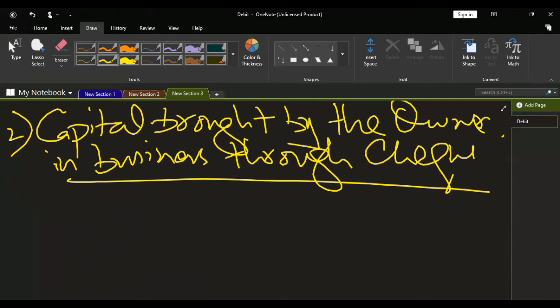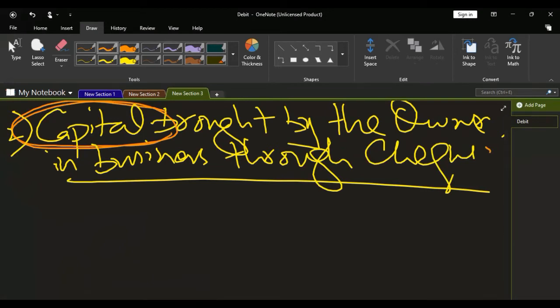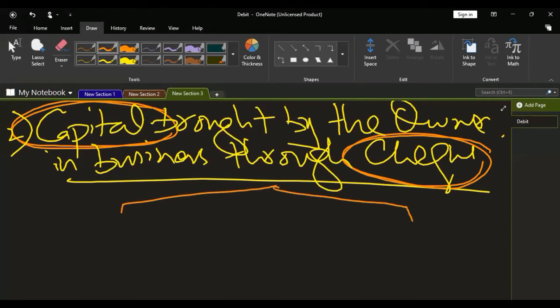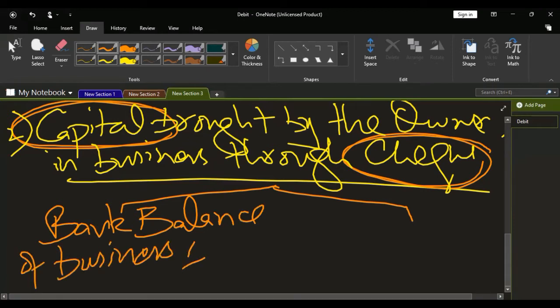So the two main concerns here are the capital brought, and that it is brought in the form of check. Now you have to think what two items have been affected in our business. Firstly, the bank balance of the business increases.